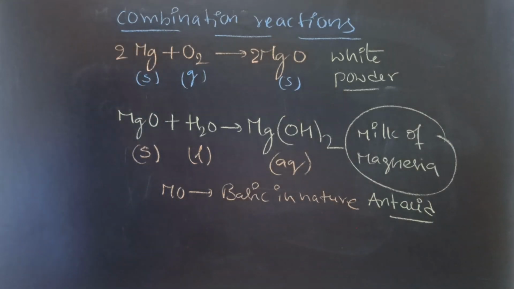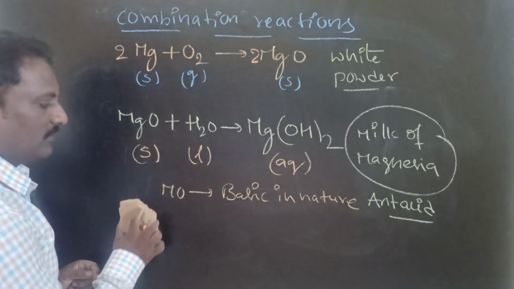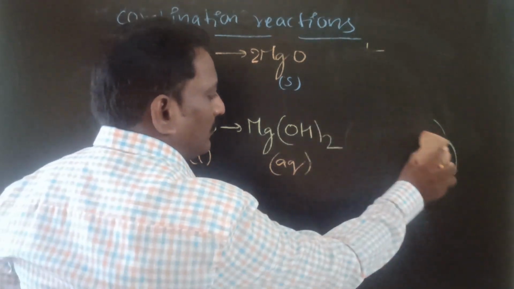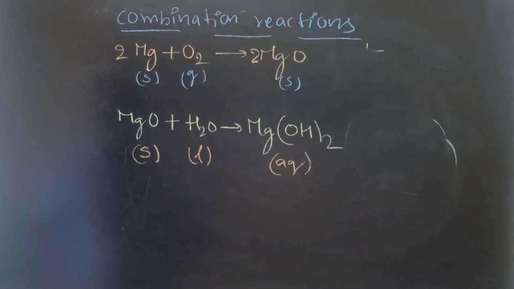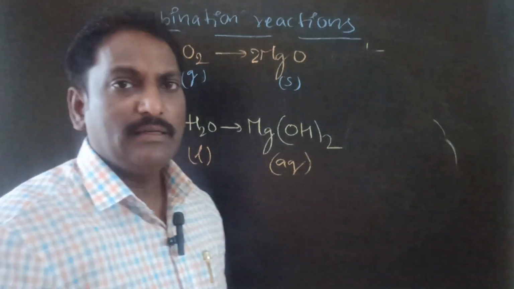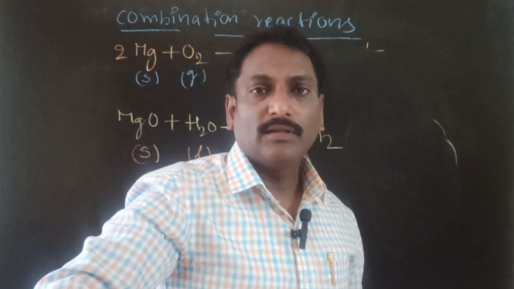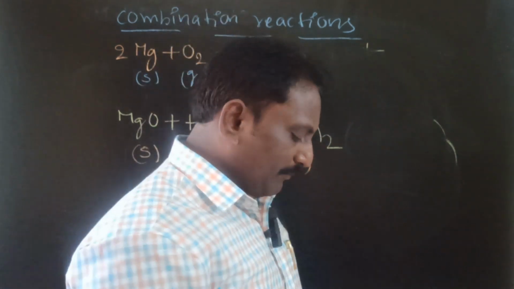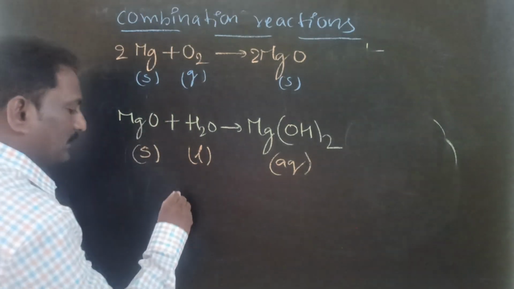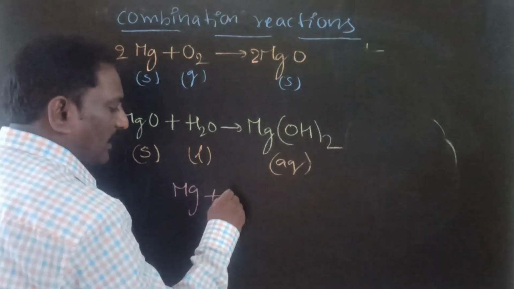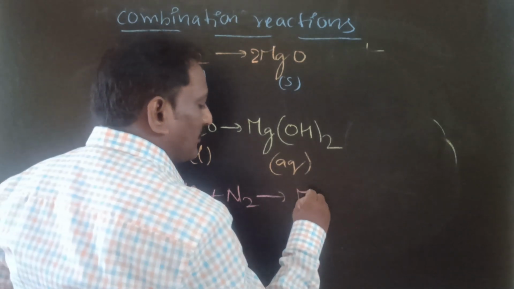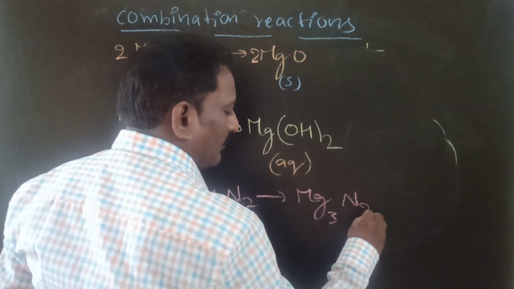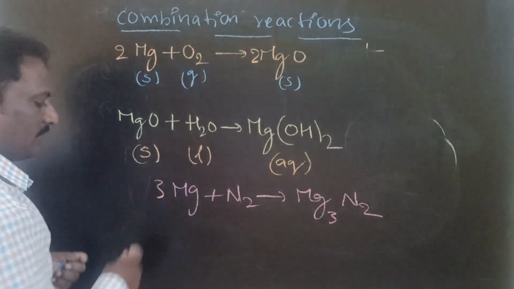From this one, let us write one more equation. When burning magnesium ribbon is placed in a nitrogen atmosphere, then magnesium reacts with nitrogen and gives magnesium nitrate.